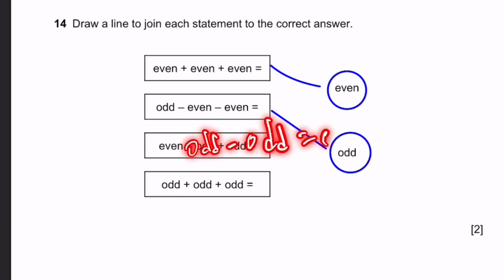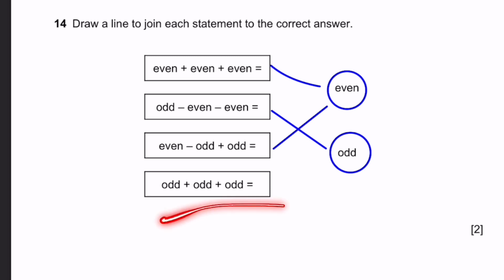It's always equal to even. And if you add an even number, it does not change. So even. And now odd plus odd plus odd, that'll be equal to 3 into odd. So let's just take 3 plus 5 plus 7. That's equal to 15. Odd number. So odd. You can do a similar method to what I just did for the other 3 as well. You'll still get this answer.